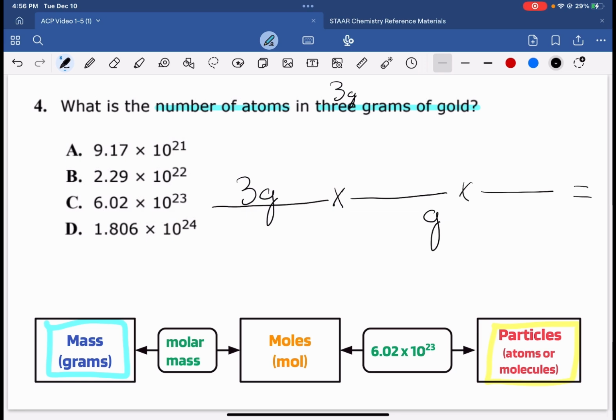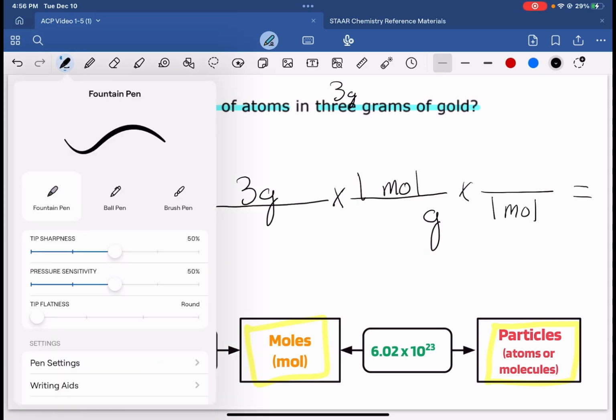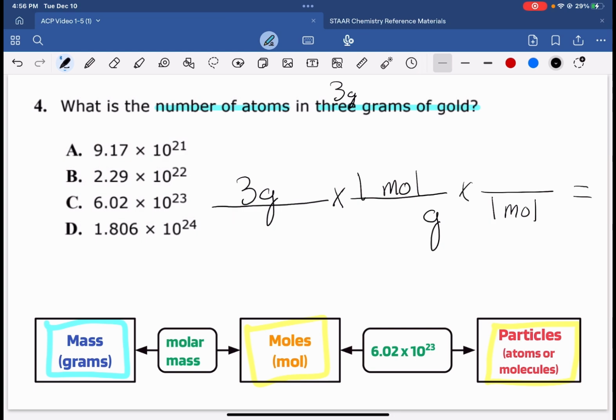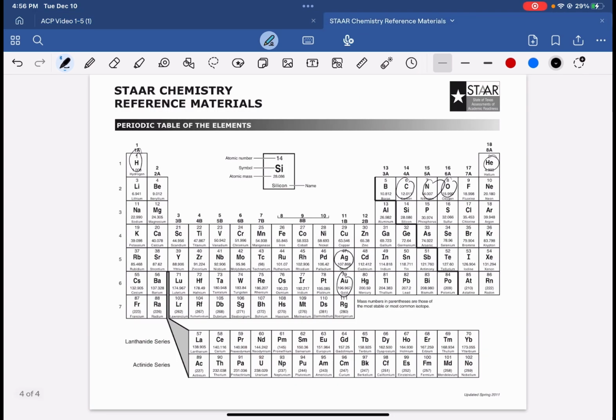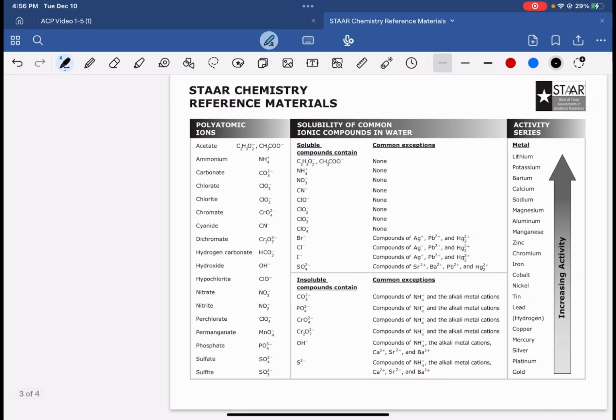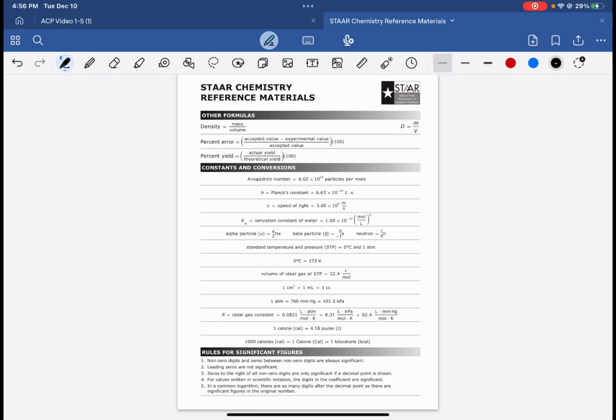So we have moles that goes in the middle right here. Remember, you always have 1 mole on top and 1 mole on the bottom. Because we're ending with particles, you have to go and find Avogadro's number, which is going to be right here on your formula sheet that you will have for your ACP.